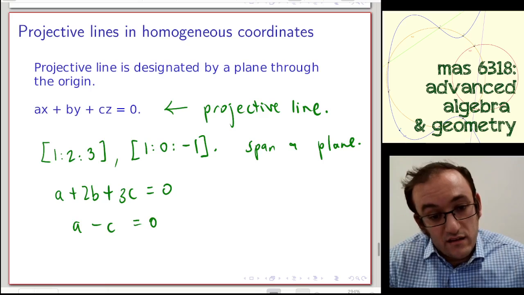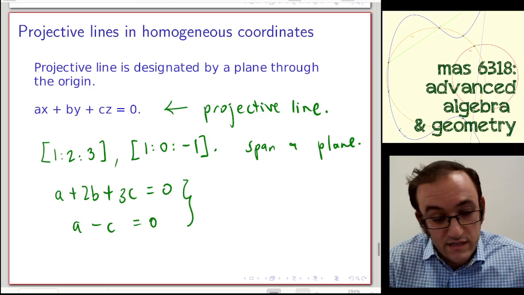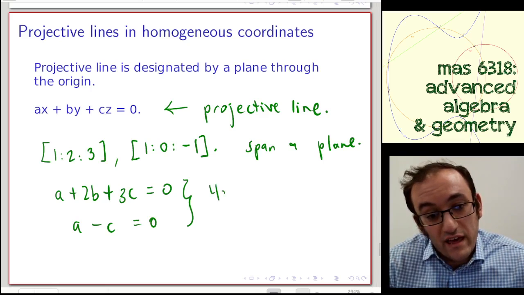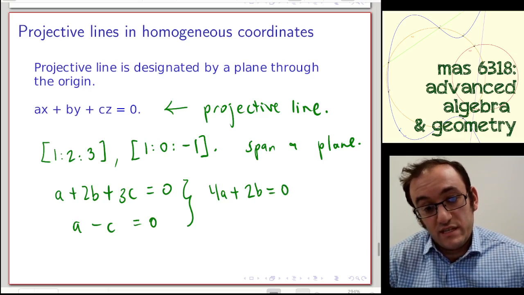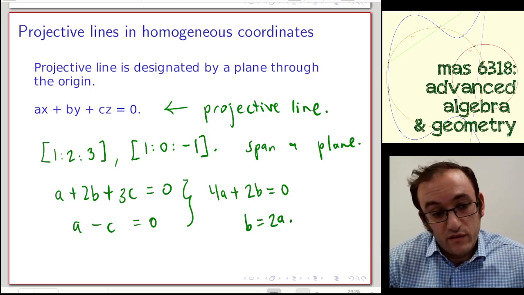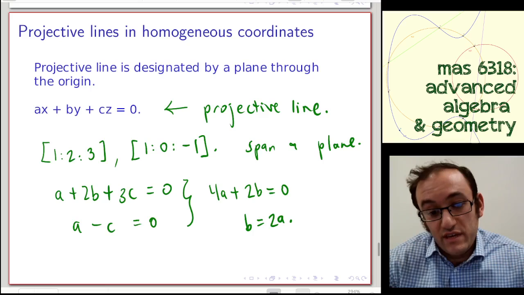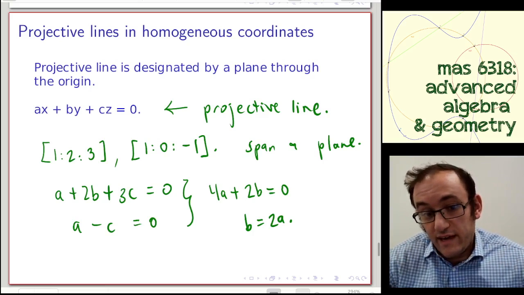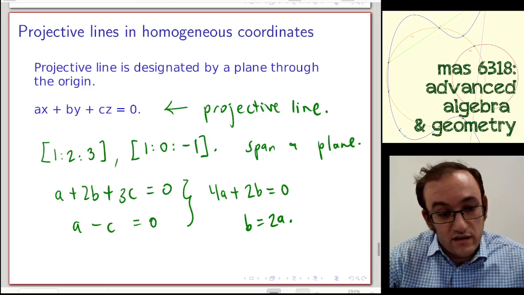So we can combine these to get c is equal to a. So we have 4a plus 2b equals 0, which means that b equals 2a. So now we know that a, b, and c are related by b is 2a and c is equal to a.